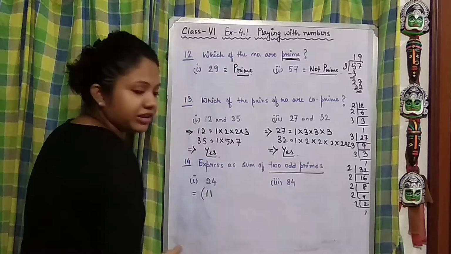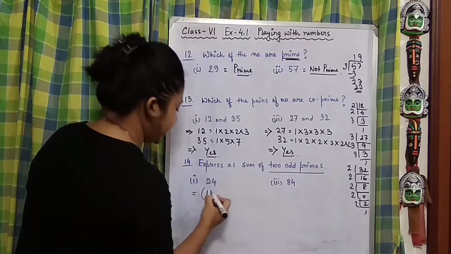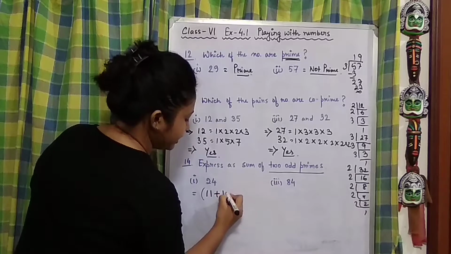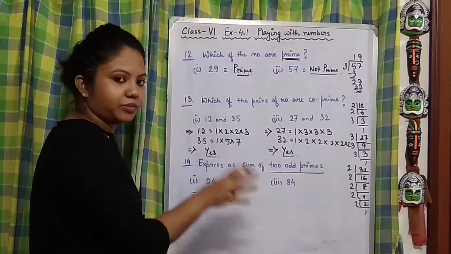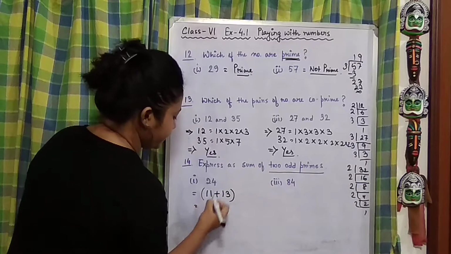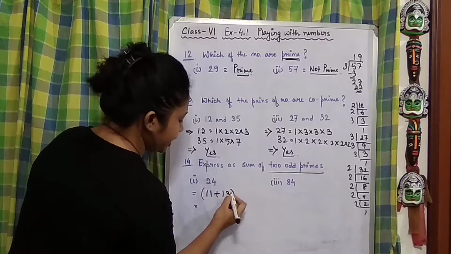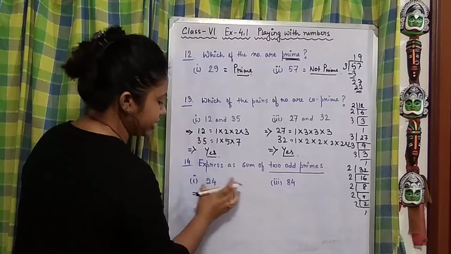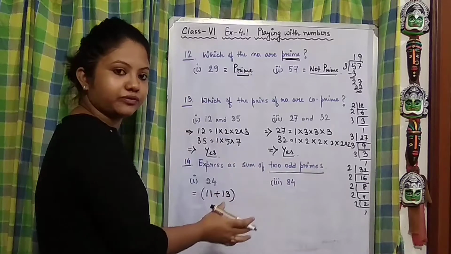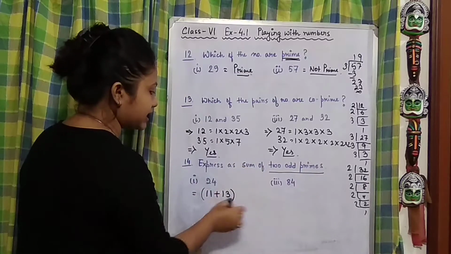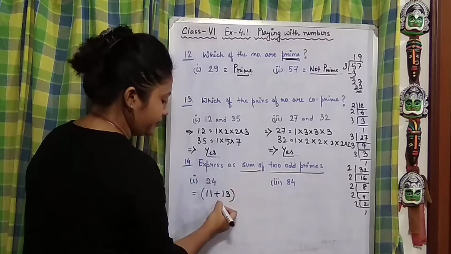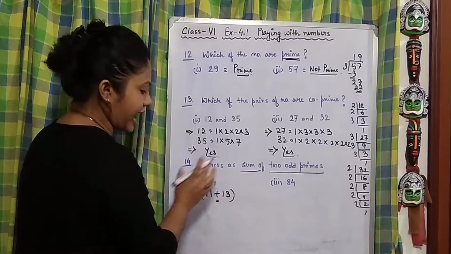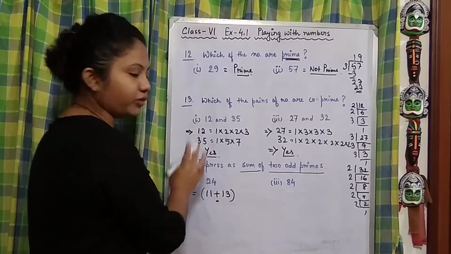Let's say 11 is an odd prime number, we know that. 13 is another odd prime number, right? Both of these cannot be divided by 2. If we add them together, they result in 24. So this is how we express it: 13 has been added with 11 to give 24.